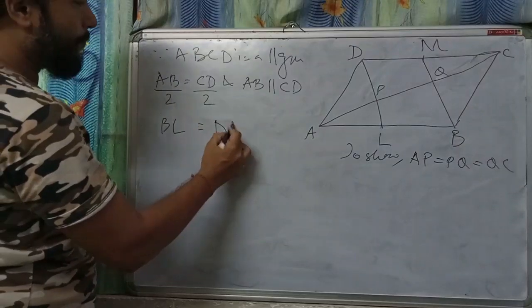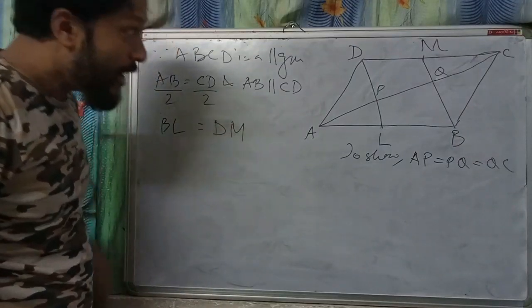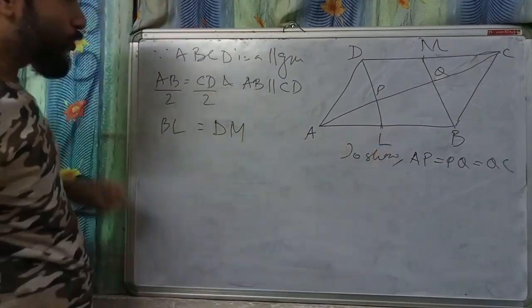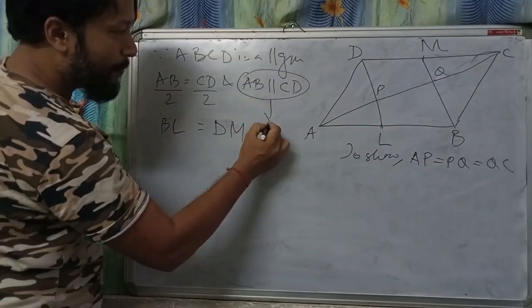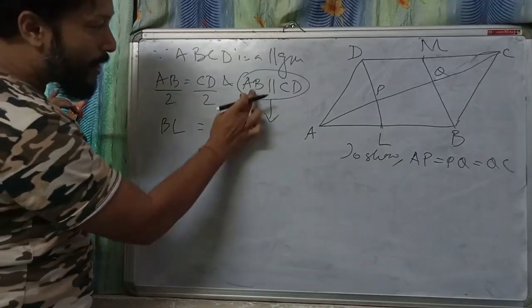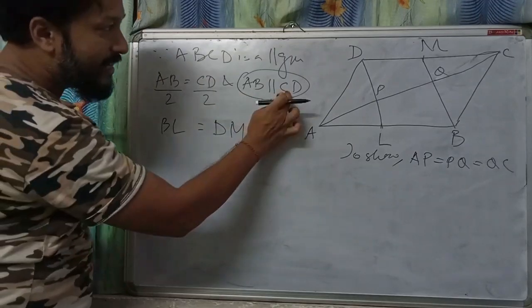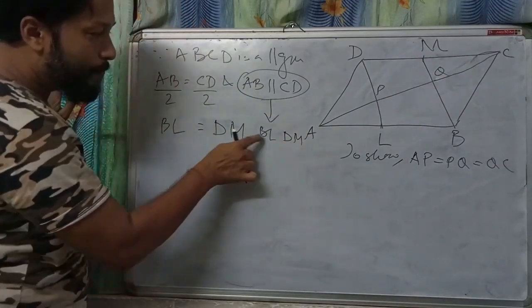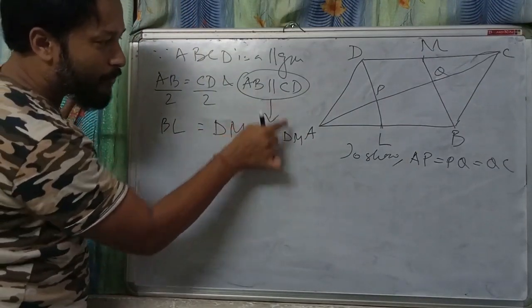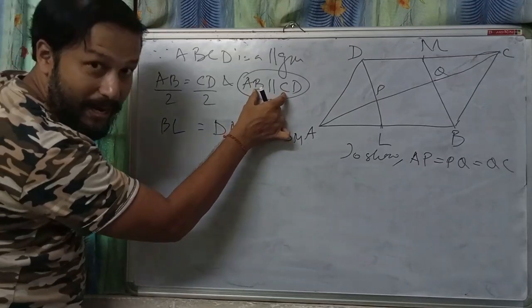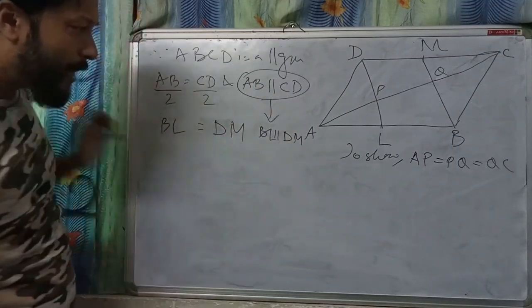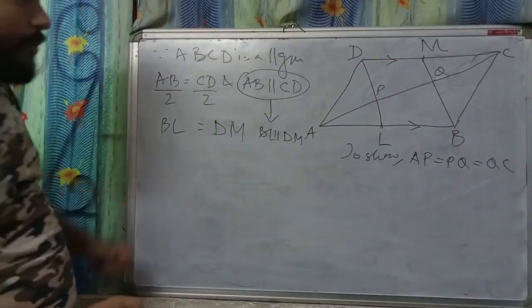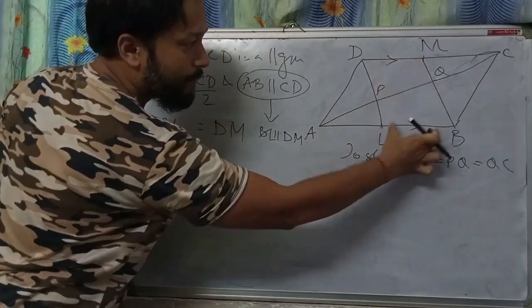CD by 2 is DM. Also BL is part of AB, and DM is part of CD. Since AB and CD are parallel, BL is parallel to DM, and BL is also equal to DM.